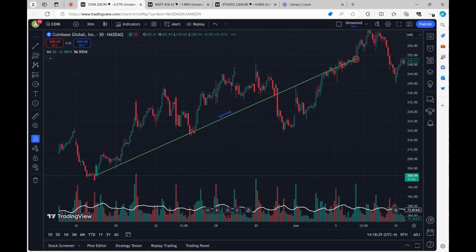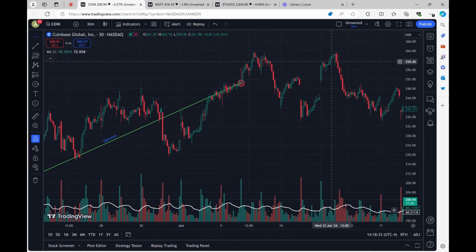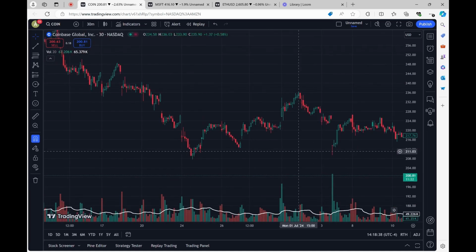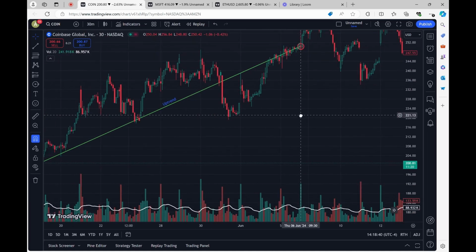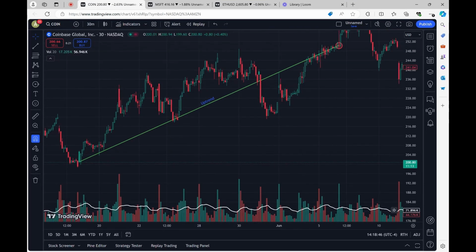What we see pretty soon after that is the price continues up for a little bit and then jumps up one more time. But not long after that, we continue into a downtrend for a little bit. So although it's a little early, it did pretty well predict a reversal.